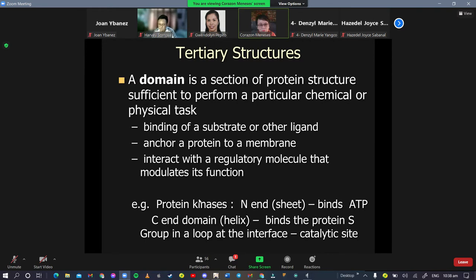So binding of a substrate or a ligand. So meaning to say, in the receptor, there is the binding domain to the ligand that will allow the ligand to interact with it so it can bind. Or it can anchor a protein to a membrane, or it can interact with a regulatory molecule that will modulate the function.